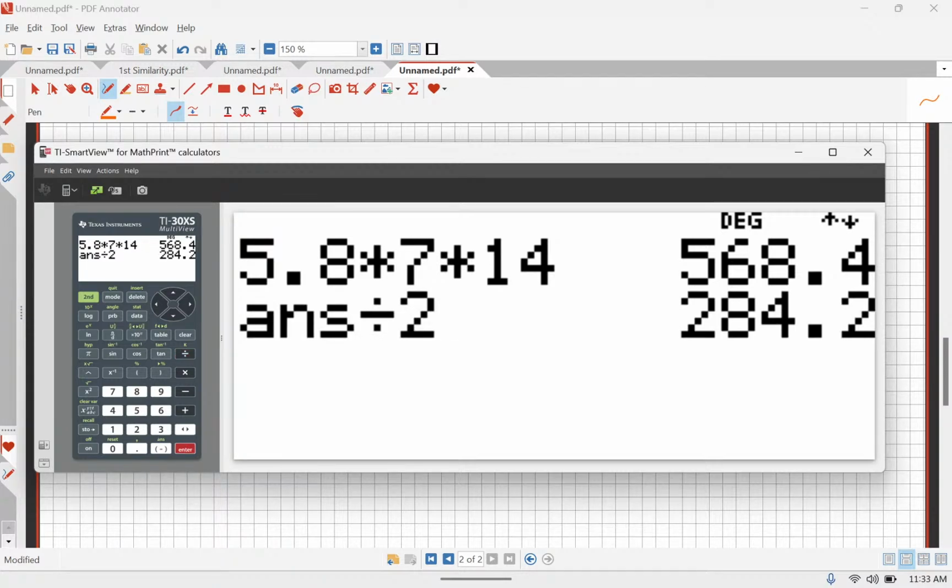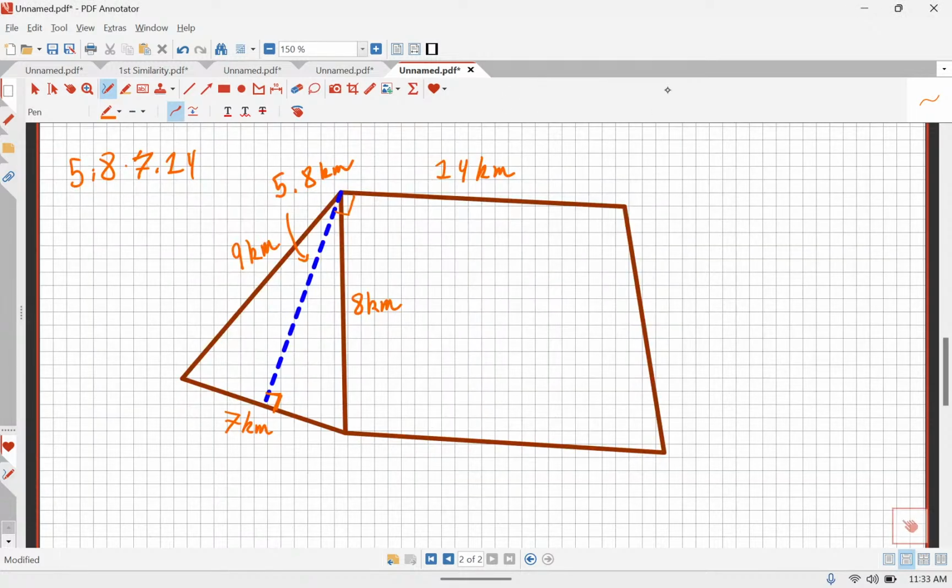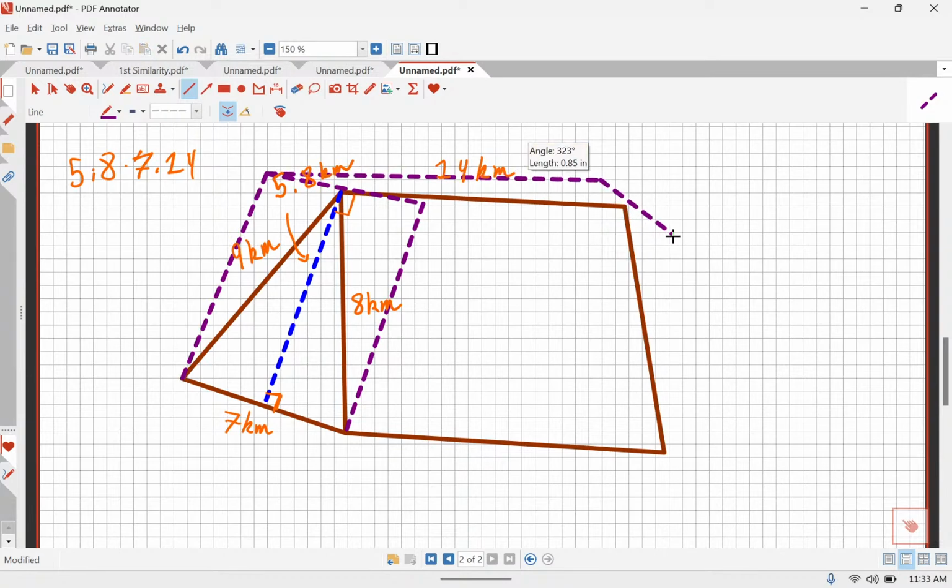Go ahead, Sebastian. What do you think? Because that would be like a square, like a rectangle. Bingo, exactly, Sebastian. The 568.4 is the volume of this secret rectangular prism, like if you were giving this to someone as a present, that's the box that it would fit in, right?